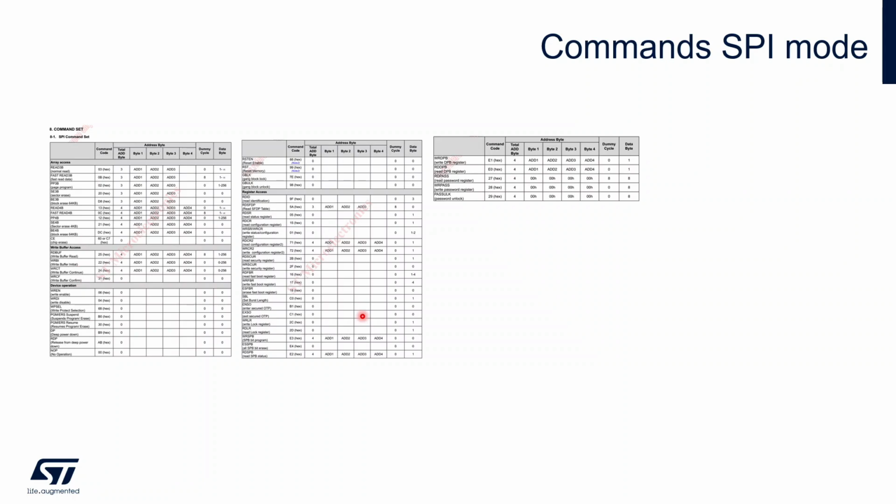I like to start with the simpler commands and go to the more difficult commands, and also this will help us to debug the application as soon as possible, to see if we can read, if we can send commands, if we can get something from the memory.